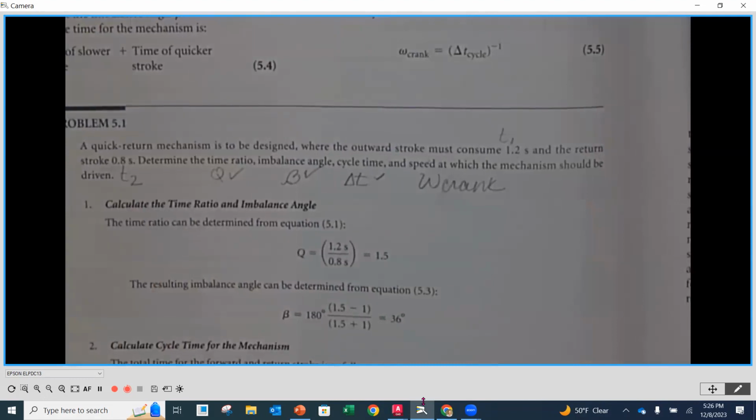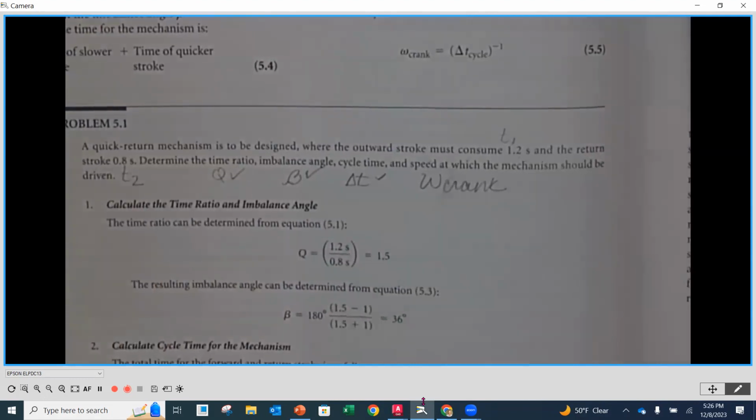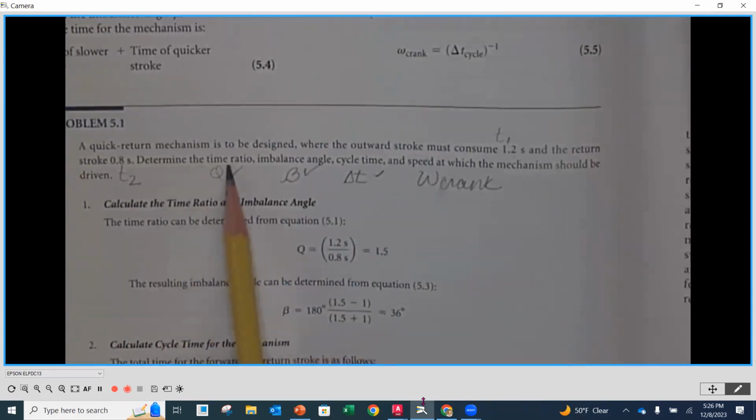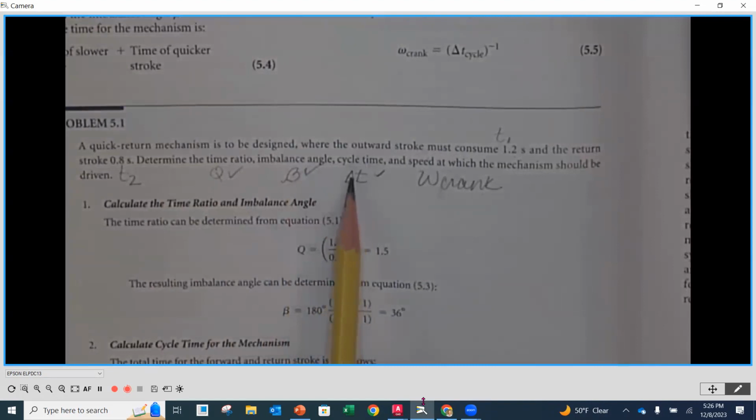So that means the slower of the two is called T1 and the quicker of the two is going to be called T2. They want us to determine the time ratio, which is Q, the imbalance angle, beta, the total cycle time, and then the speed of that crank. That's going to be our W.